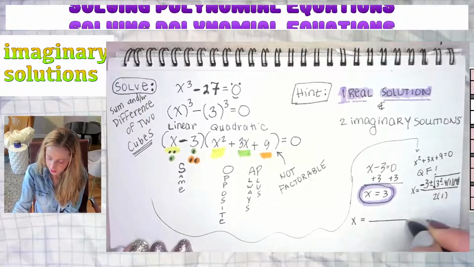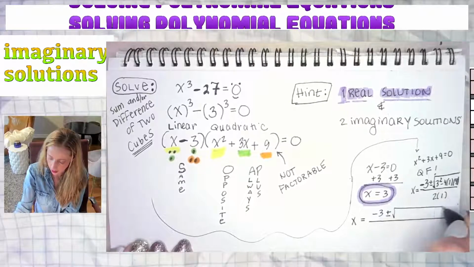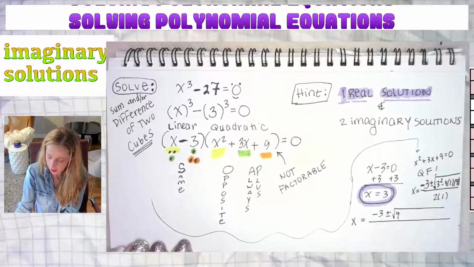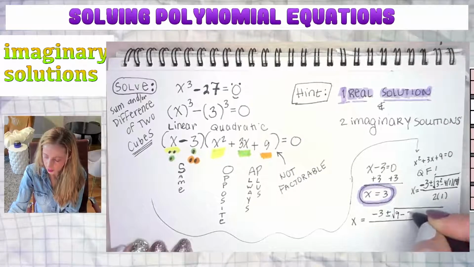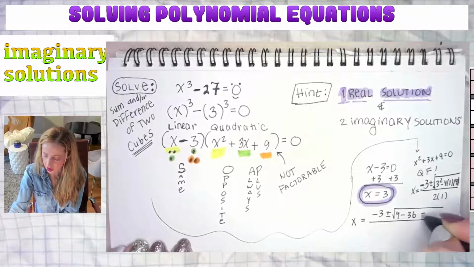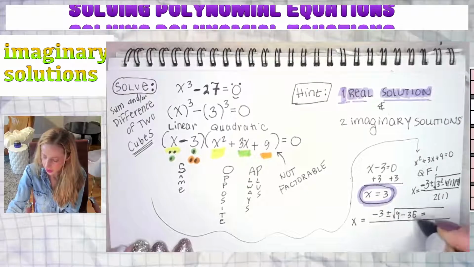x equals negative 3 plus minus the square root of. All right, 3 squared is 9 minus 4 times 1 times 9. Well, that's going to be 36. And just to save space, because I'm at the end of my page, what's 9 minus 36?